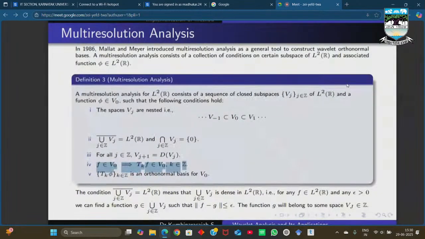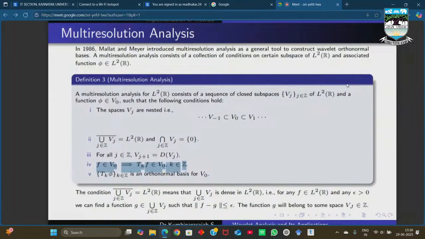And the fifth one says, whatever translations you take, the Tk of phi must form an orthonormal basis of V0. So finally we have an orthonormal basis for the smallest subspace. If I know the orthonormal basis of V0, then I can extend to V1.